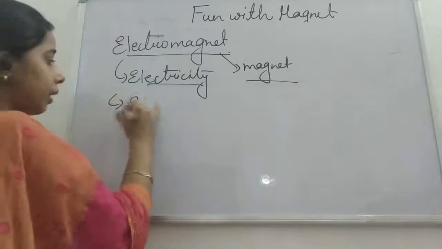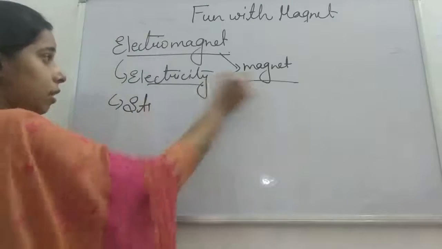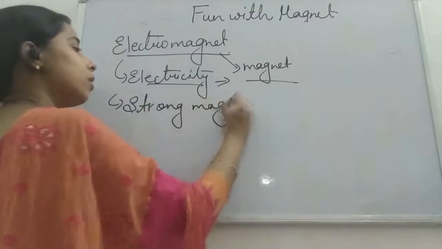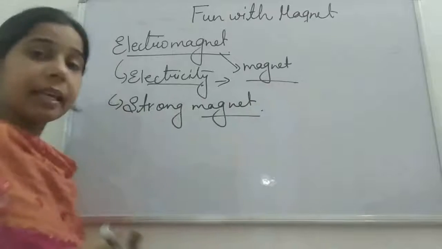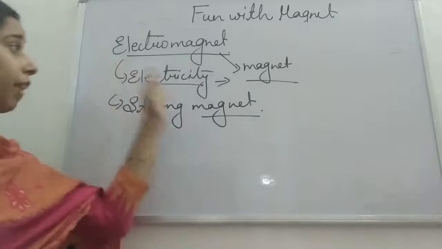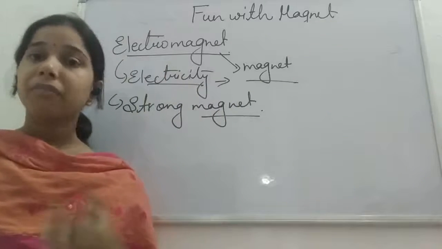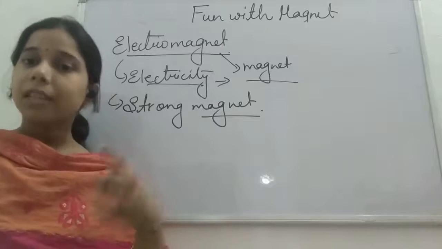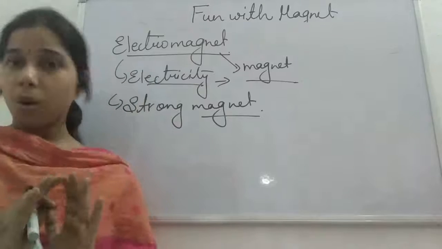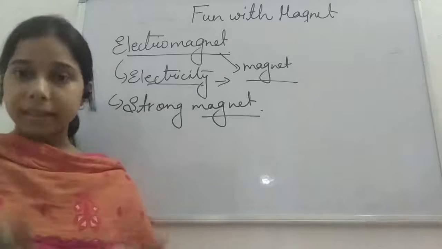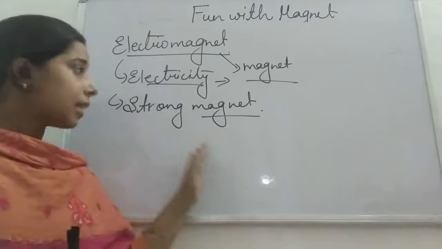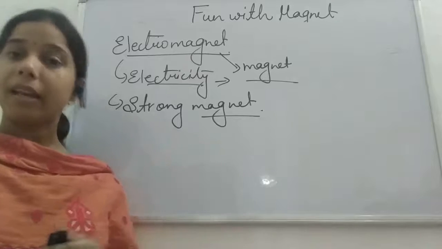So we can say that electromagnets are actually strong magnets. When we supply electricity to a magnetic material, student, it starts producing magnetism around it, and thus it behaves like a magnet. Such a magnet we call an electromagnet.